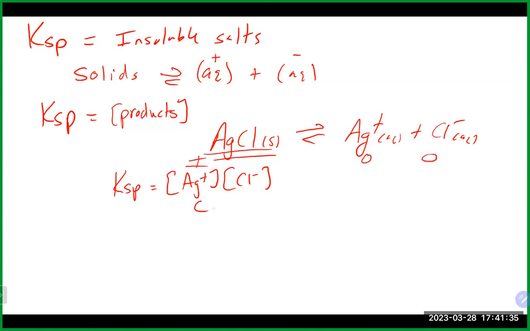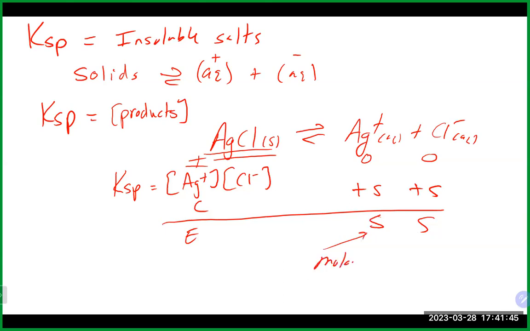The change would be plus S, and at equilibrium, it would be S and S. Here, S is the molar solubility, and the molar solubility is the molarity, basically moles per liter. So that is one common solubility that we solve for.